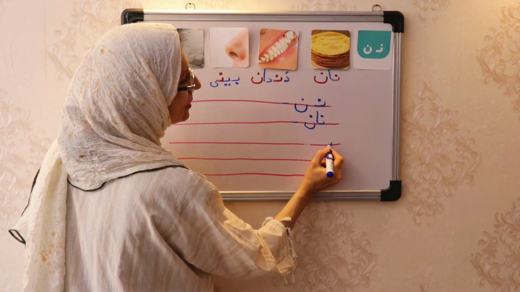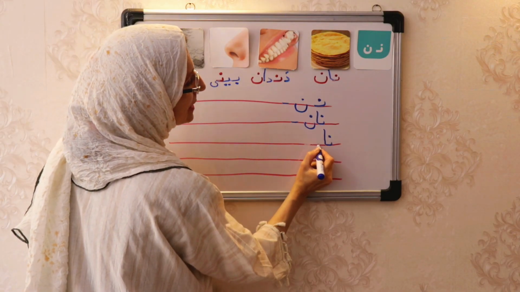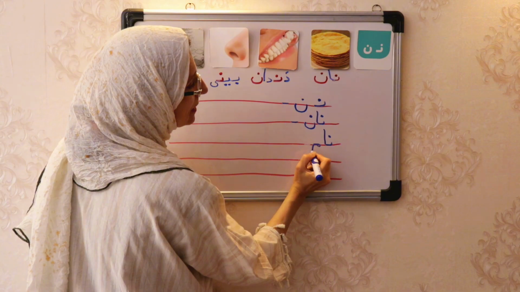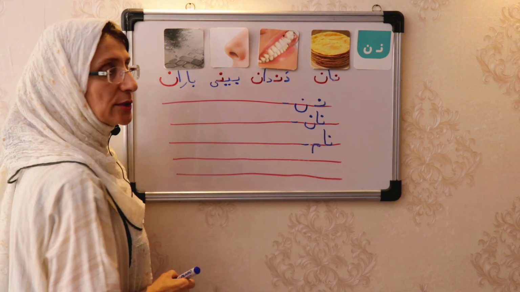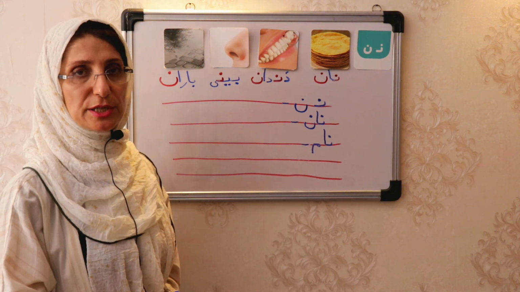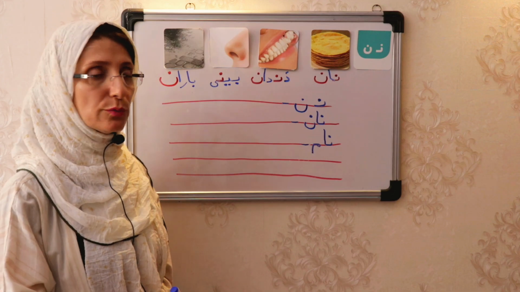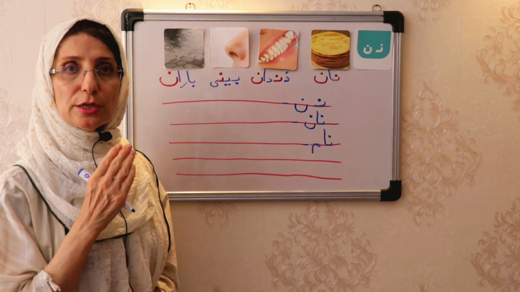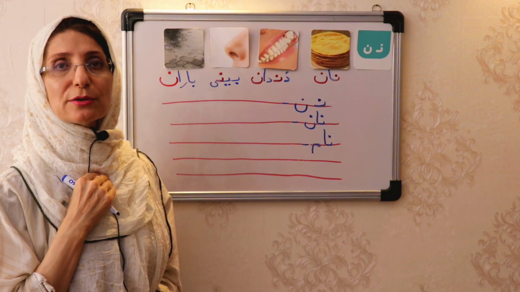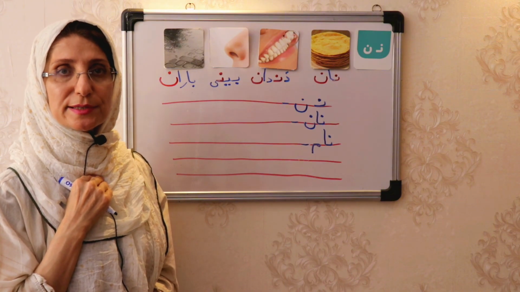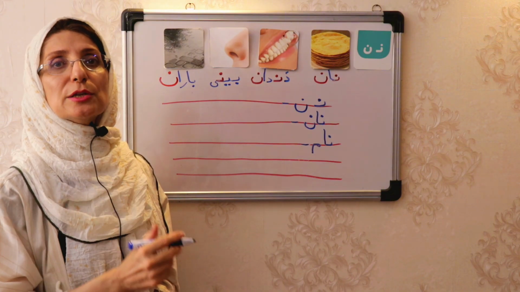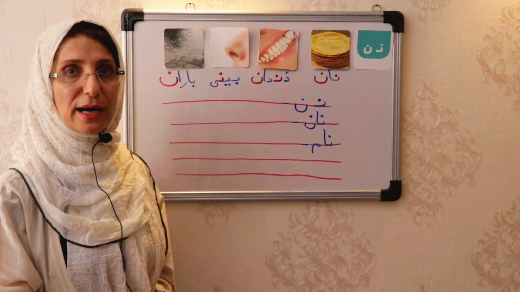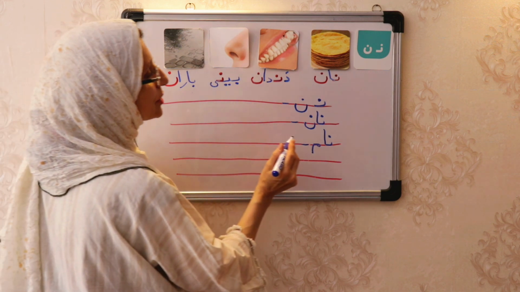Ne a m. Nam in Persian is name. It's a long a. Nam, name. نام من مهتاب است. My name is Mahtab. نام.